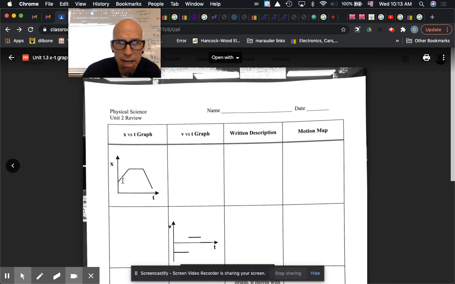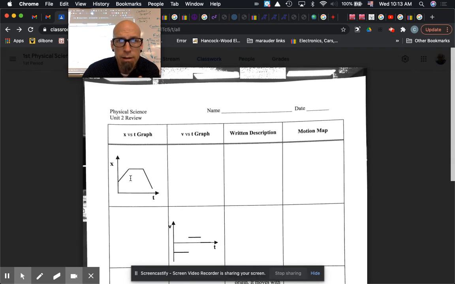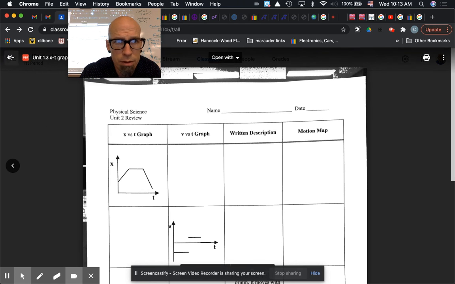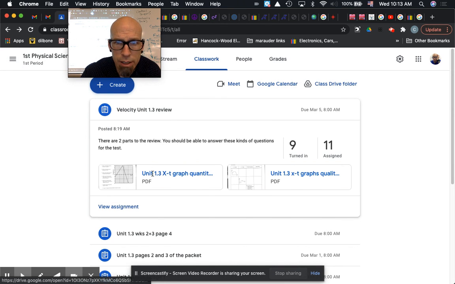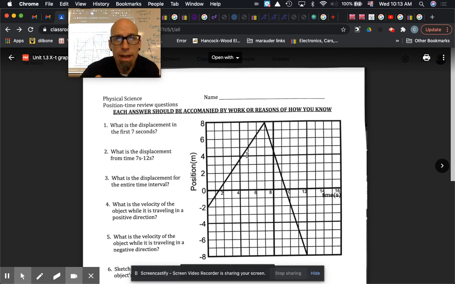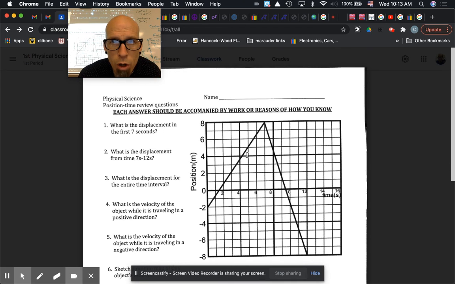So at least for practice, do the top row, start with the XT graph, and then write down each of the other parts. Put that at the bottom of the quantitative review stuff from this worksheet, and then turn all that in. You can upload your picture of that for the next class.